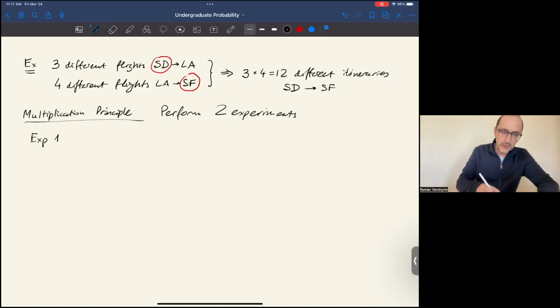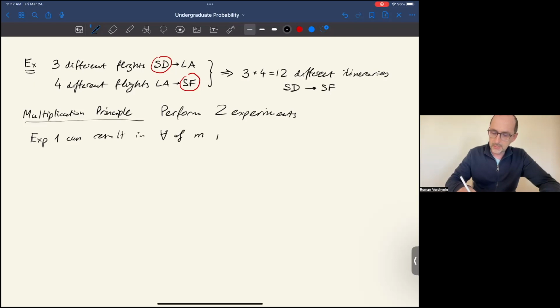Suppose experiment 1 can result in any of m possible outcomes. In the example above, m is 3.